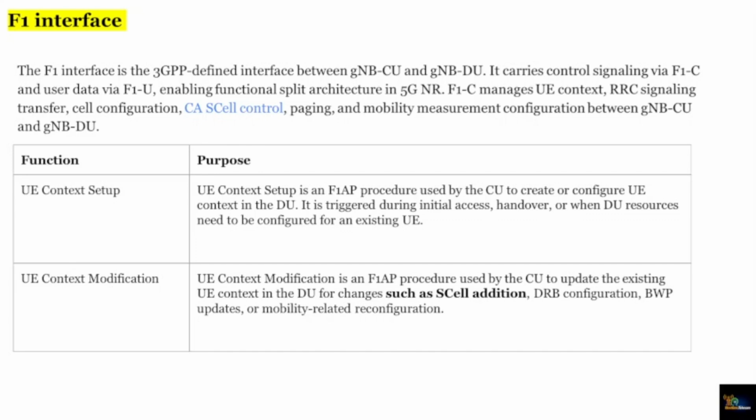F1-C manages UE context, RRC signaling transfer, cell configuration, SCell control, paging, and mobility measurement configuration between the gNodeB CU and the gNodeB DU. So this is where F1 comes into the picture in CA.